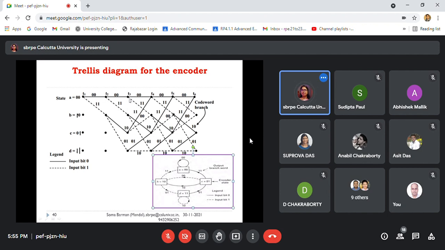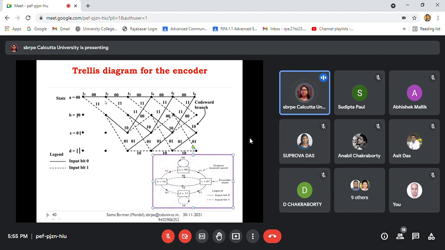First stage, 2 to the power 1 is 2, so 2 paths are diverged. So from node A, 2 paths are diverged. And at the T2 instant, you are approaching 2 nodes.